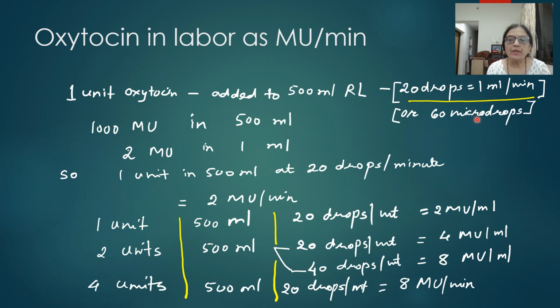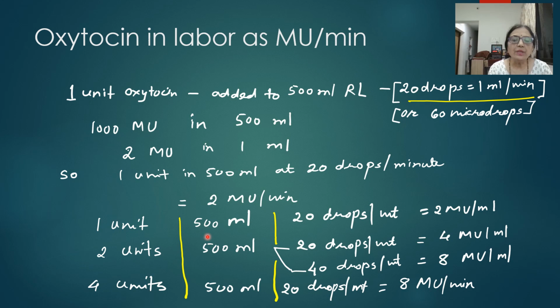And if it is a micro drip, the patient is receiving 60 micro drops per minute, which is equivalent to 1 ml per minute. 1 unit is equivalent to 1000 milliunits, and if we are adding 1 unit to 500 ml, we are adding 1000 milliunits to 500 ml, which means that 1 ml contains 2 milliunits. So if we are giving 1 unit in 500 ml at 20 drops per minute, the patient is receiving 2 milliunits per minute. I hope you have understood till now.